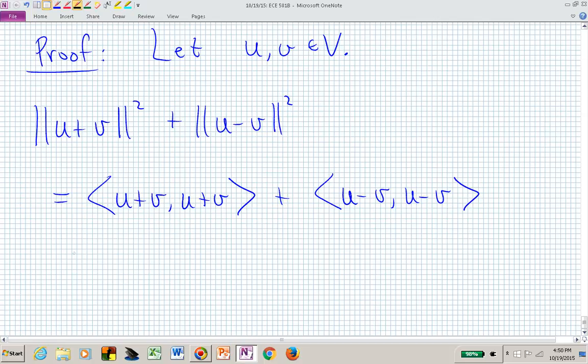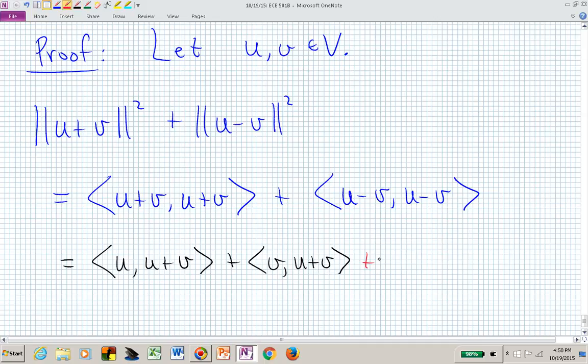And we have this down as far as additivity of the different slots. If we say, let's use the additivity in the first slot, in both of those pieces, we have u with u plus v, and v with u plus v.